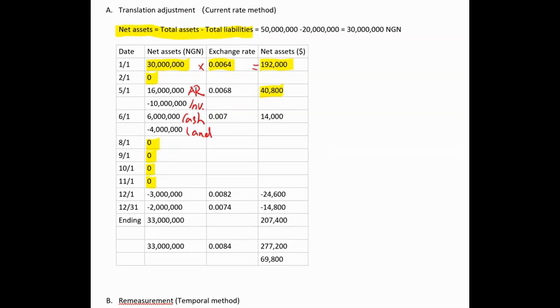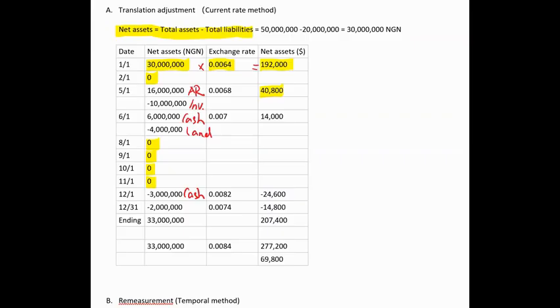Alright, on December 1st, they declared and paid a 3 million NGN dividend. The journal entry is debit dividend and credit cash. In this transaction, we reduce cash by 3 million, so the net impact is to decrease our net assets by 3 million, and the corresponding US dollars on that date is 24,600.